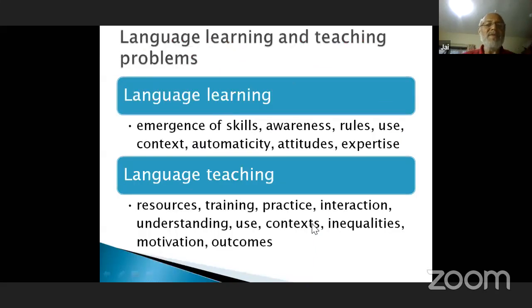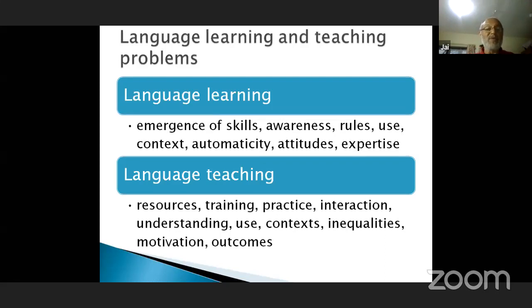Now, the question of language learning is there. William Grabe thinks that there is the problem of the emergence of language skills: how people acquire language skills and how they emerge, what efforts they have to make, how they have to be aware of these language skills and the rules, rule-based language learning, how they use these skills and the context in which language learning takes place.